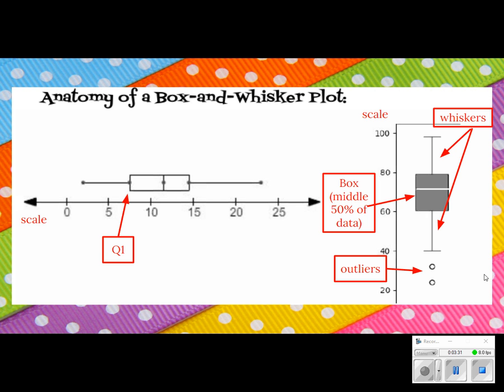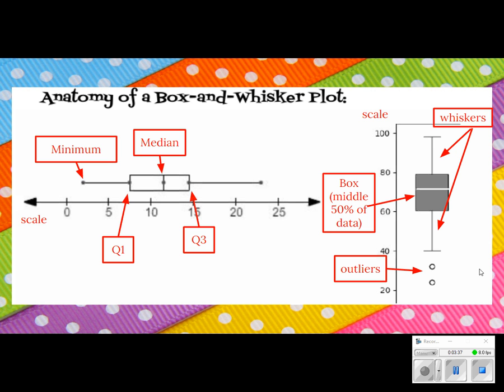And then we have Q1, the median, Q3, our minimum, and our maximum, and there is our display of the 5-number summary. So if you're wanting to compare medians and you have a box and whisker plot, you can do that. If you want to compare interquartile range, you can do that, right? That's Q3 minus Q1. If you want to compare maxes and mins and ranges, that's all going to work out.